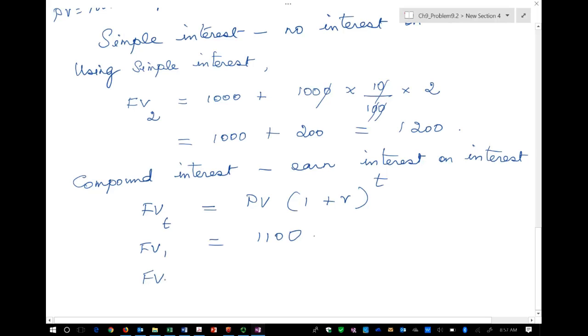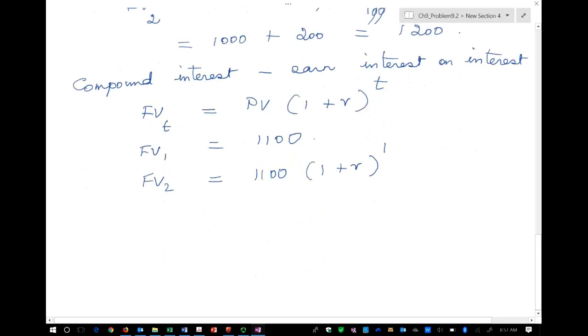In year 2 I am going to calculate for one more year. So, 1100 multiplied by 1.1 should be equal to $1,210, is that correct?